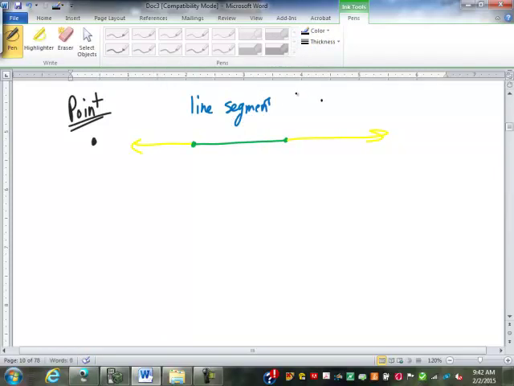So that segment there was created by moving that point in a single direction. The distance we moved it is defined to be the length of that segment. And most dimensions in geometry actually start out that way, as a moving distance that becomes a length or a width or some other dimension.